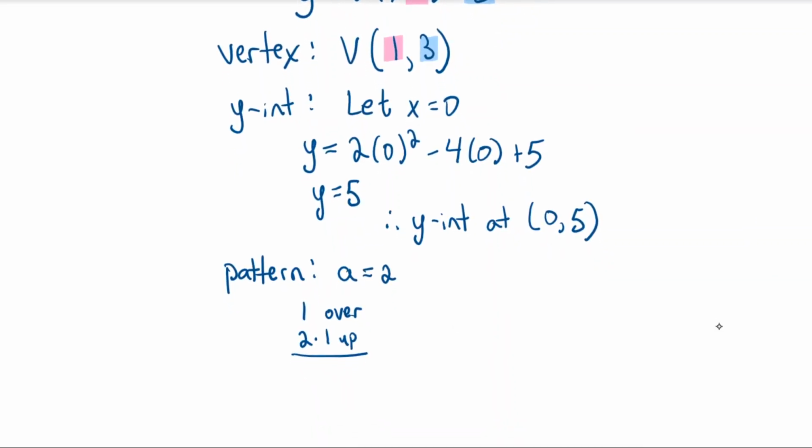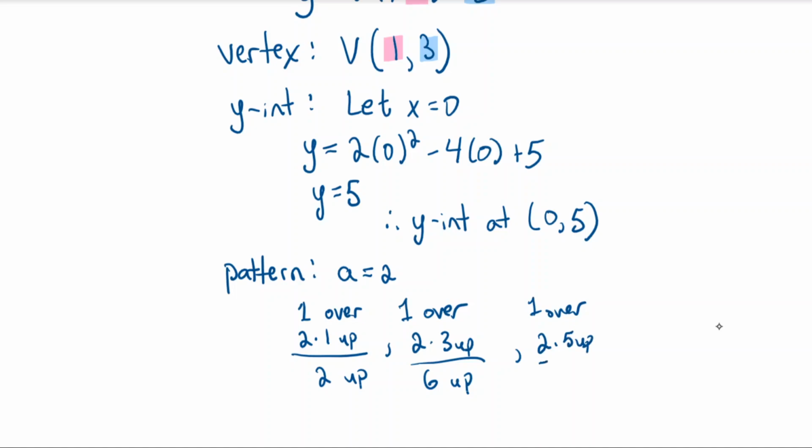So we've got 2 up, 1 over, 2 times 3 up. So we've got 6 up. And if we have space, we'll do the last one, 1 over, 2 times 5 up, which is 10 up.